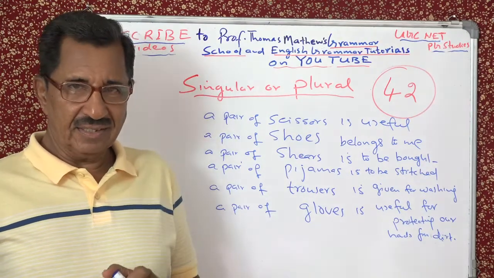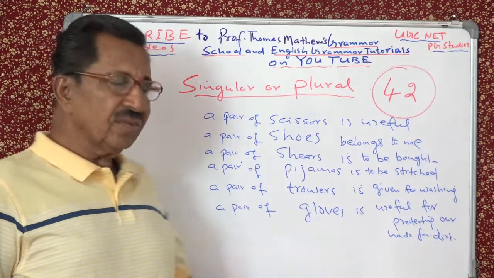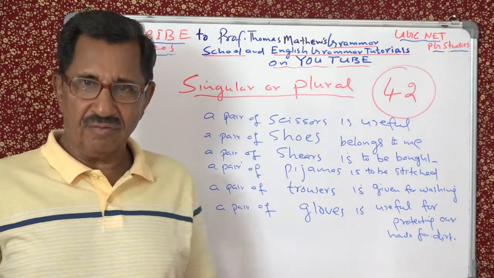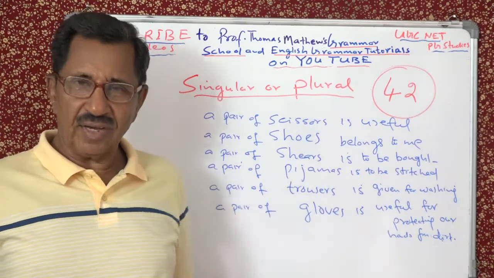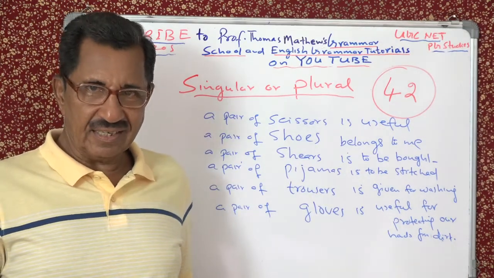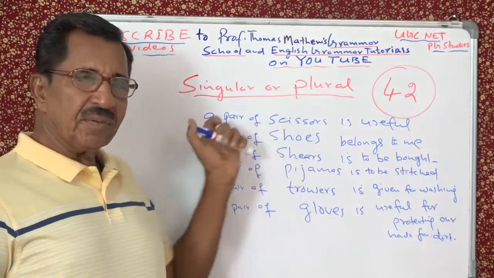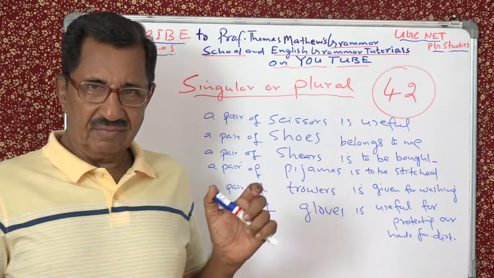Has to be, not have, has to be. A pair of gloves is torn, T-O-R-N. Understand? So, when we say a pair of scissors, pair of shoes, etc., these are singular.